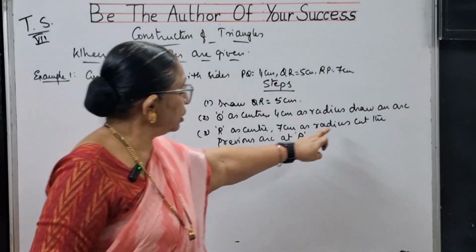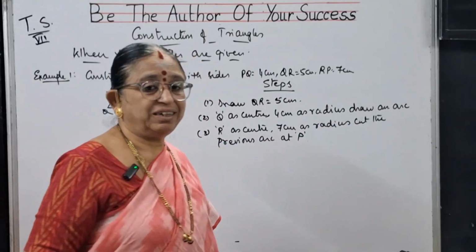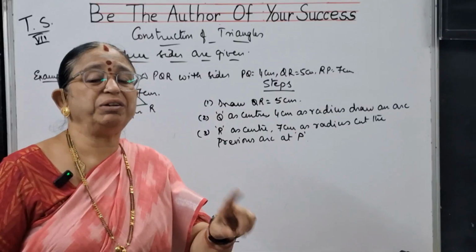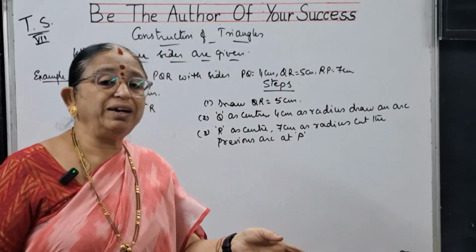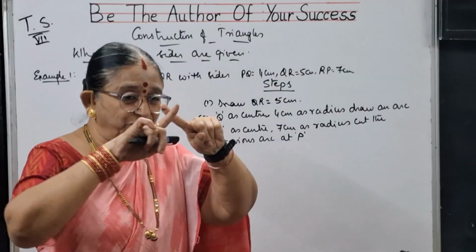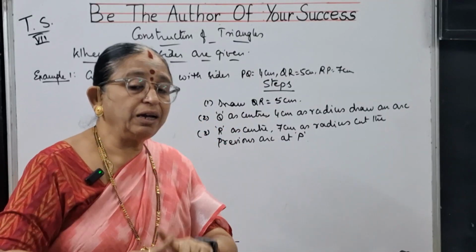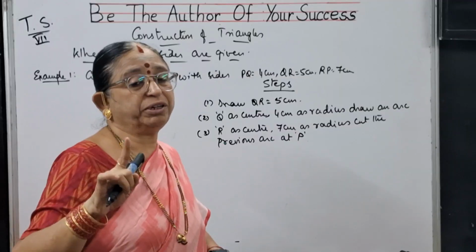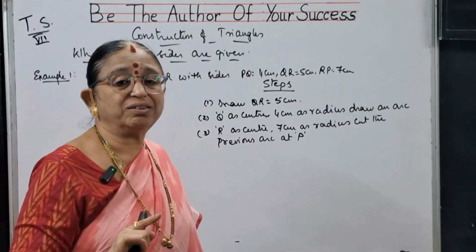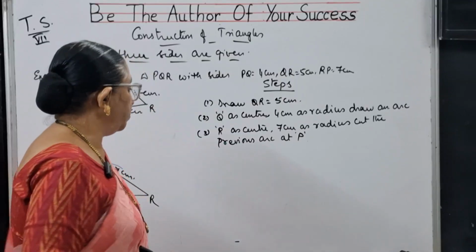That is why we don't use draw. We use the word cut. Cut the previous arc. That means what? You have to draw an arc upon the arc which is given to us, so that the two arcs will cross each other and cut at a single point, and that point will give you a particular name according to the construction, according to the problem given. We have named it as P.